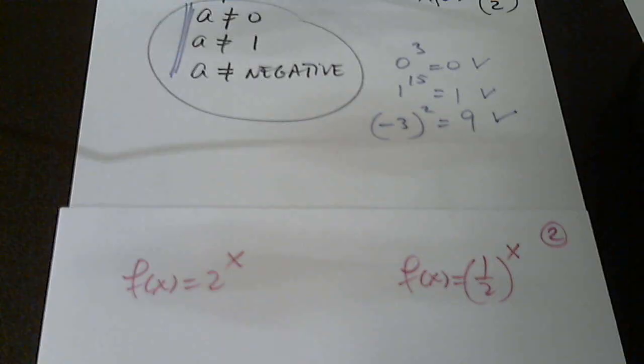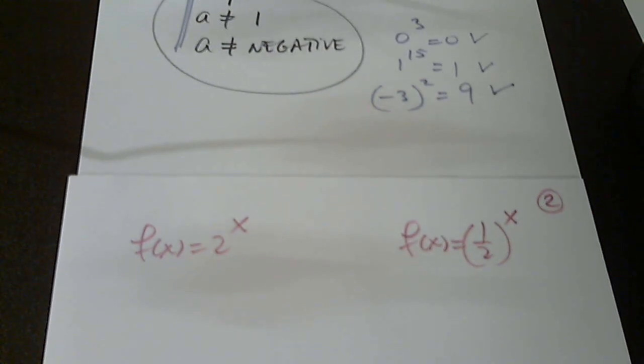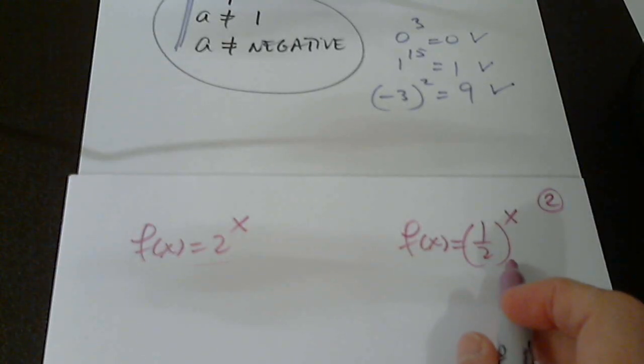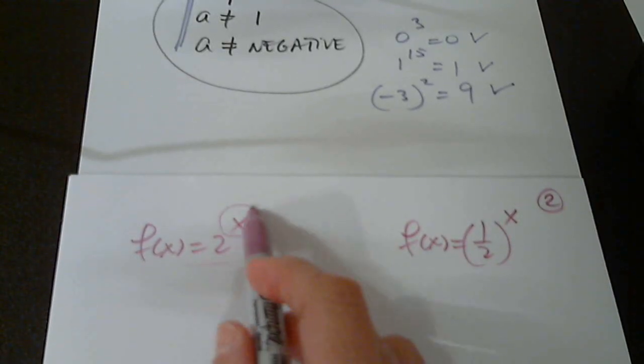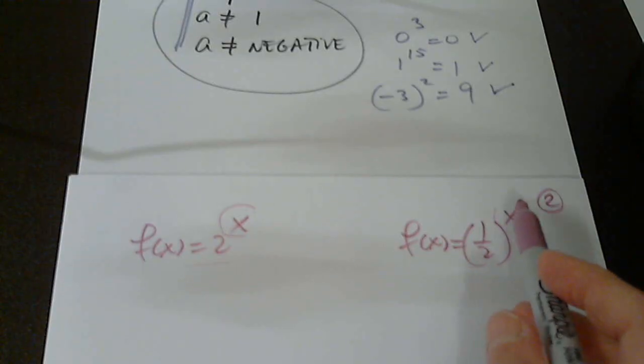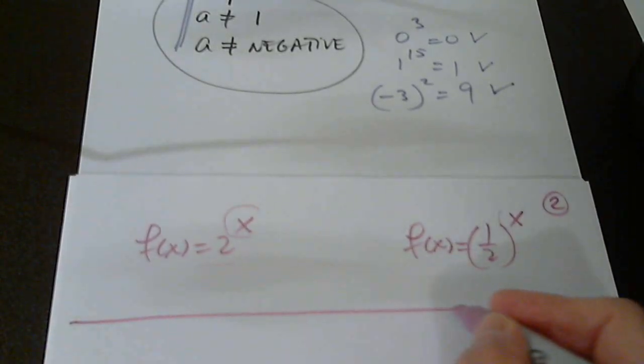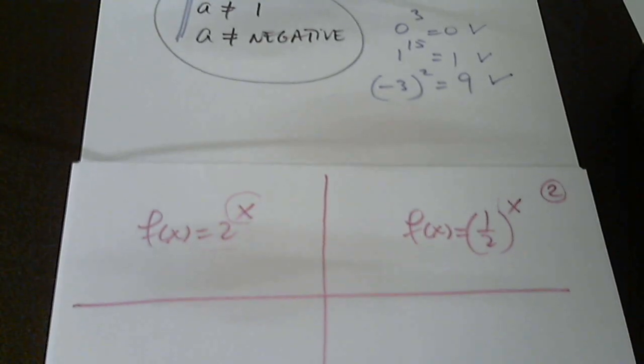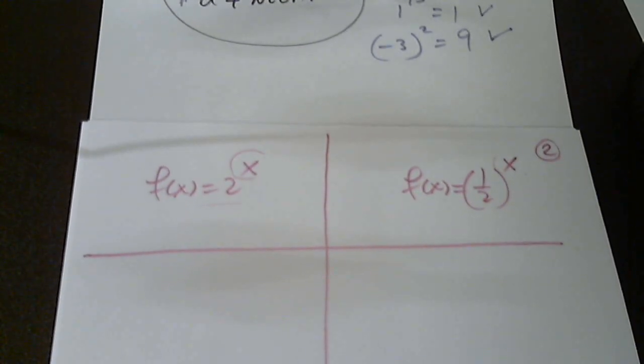Okay, so if you remember, I mentioned several functions that are friendly. The exponential function is friendly, meaning the domain is all real numbers. So we're going to talk about the characteristics and graphs for both.